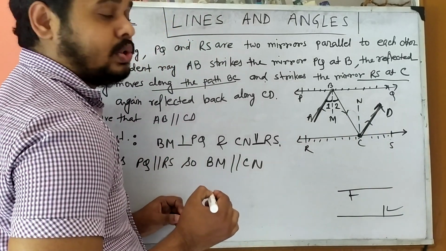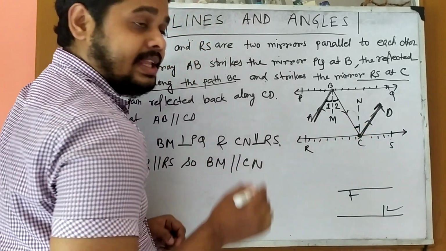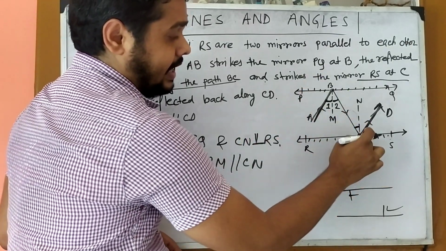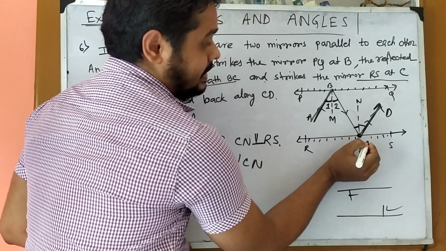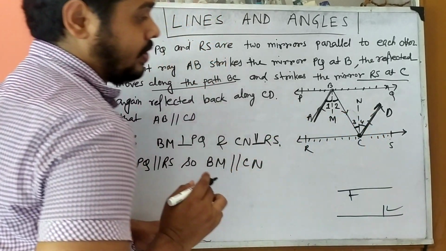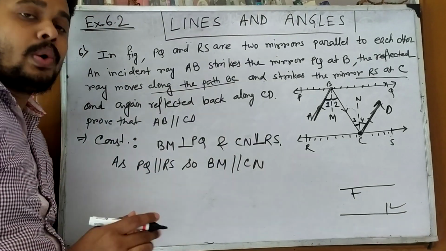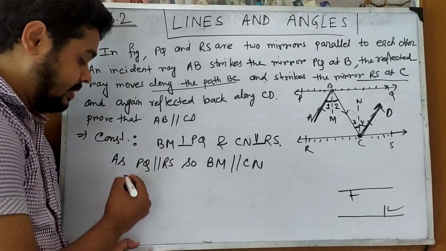This is angle 2. And this is the angle of incidence for BC at the point C, and this is the angle of reflection at the point D. So we mark these angles by 3 and 4 respectively. And we know angle of incidence equals angle of reflection.